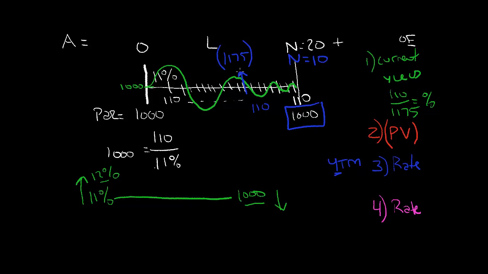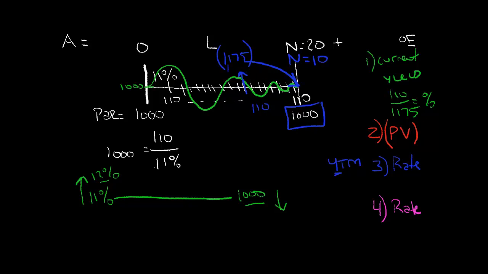Now the neat thing here is, look at this just for a second. If you were to pay $1,000 for something to only get back $1,000 and get $110 every year for 10 years, your return's 11%. However, since you paid an additional amount for it, this is going to depreciate. You're going to lose $175 over 10 years, so you have to account for that loss somehow.